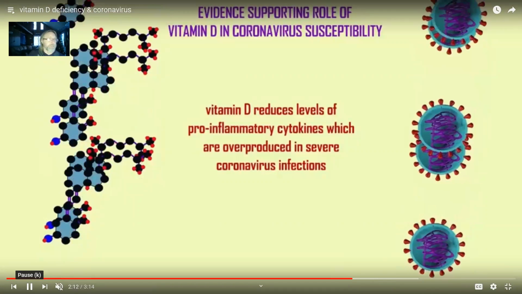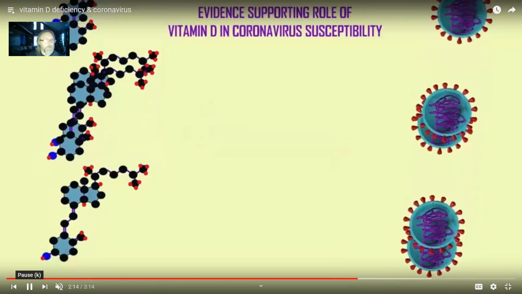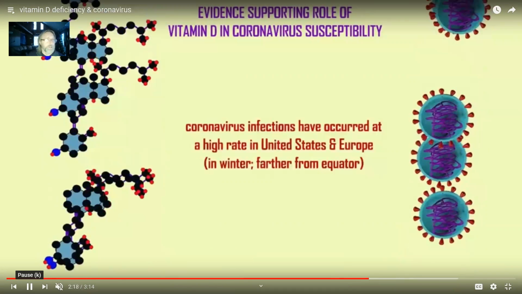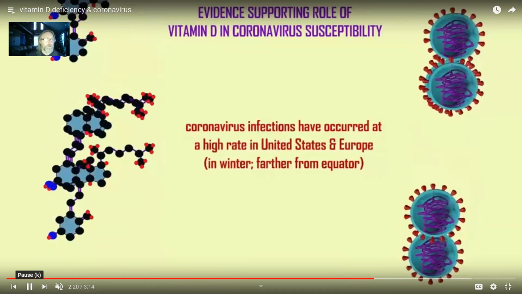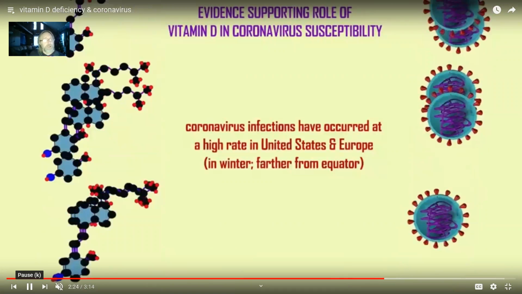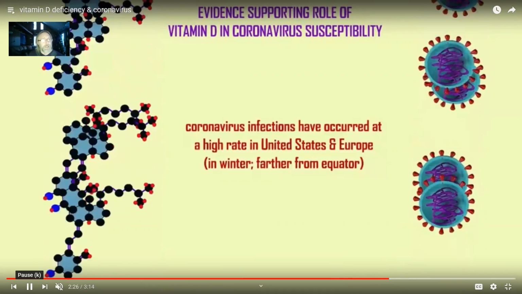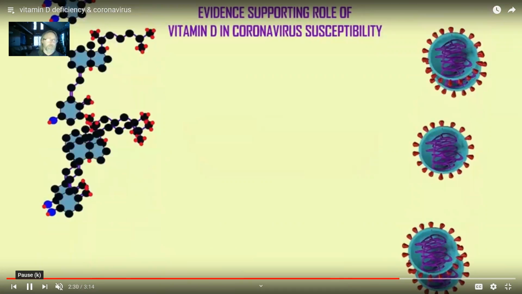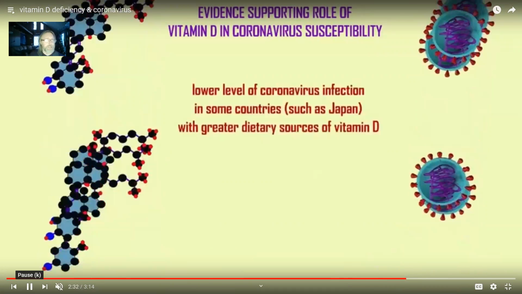Coronavirus infection is affecting some countries farther from the equator, like the United States, to a greater degree than some countries on the equator. Some countries, like Japan, where the amount of fish in the diet means that vitamin D levels tend to be higher than in the United States or Europe, have a lower risk.